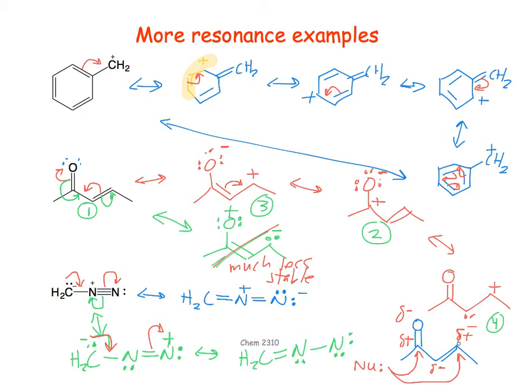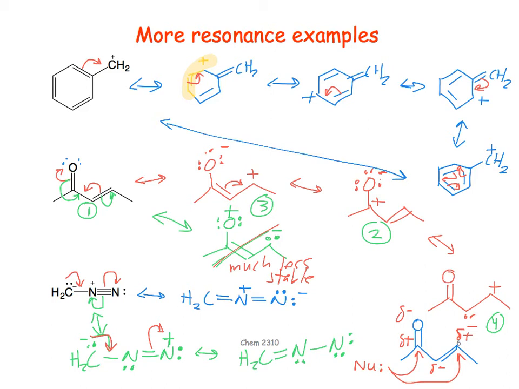All right, so let's look at these four and decide which of these would be more stable. So what do we look at first? Full octets, right?